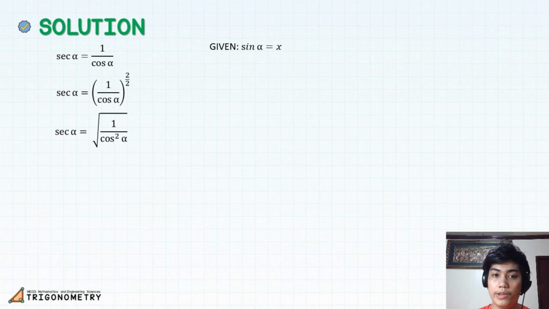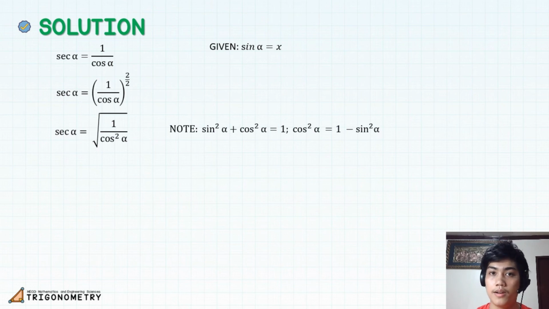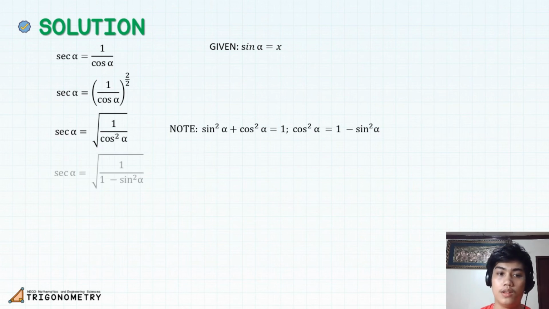From our trigonometric identities, we know that sine squared alpha plus cosine squared alpha equals 1. If we manipulate the equation so that there's only one term on the left side, it becomes cosine squared alpha equals 1 minus sine squared alpha. Substituting that value, secant alpha is equal to the square root of 1 divided by 1 minus sine squared alpha.